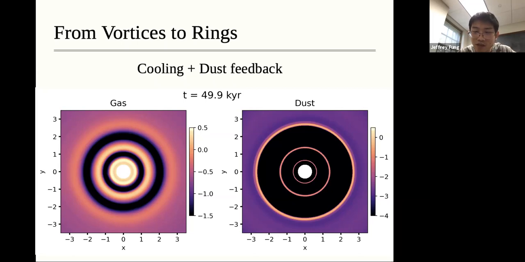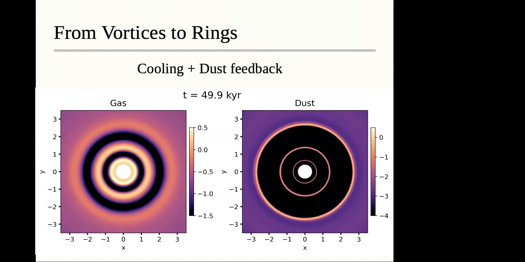So I think the result is not a strong function of the cooling time for not crazy choices. But of course, maybe the cooling time is extremely long, like 1,000 or 10,000 orbits. Then I'm not sure.